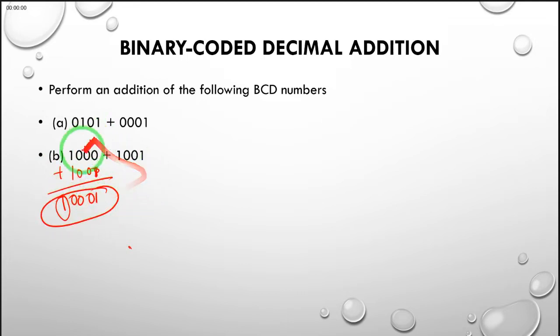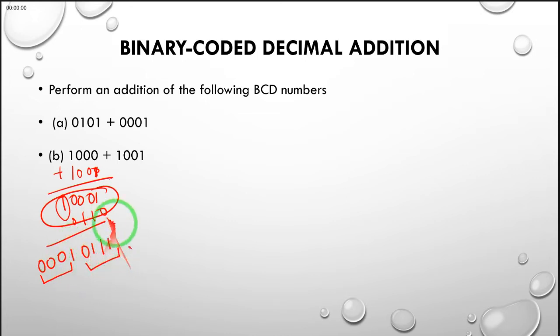So the rules say that in the event we have a carry which is producing an incorrect sum, what we do is simply add decimal number 6, represented in binary by 0 1 1 0. So when you add this to this sum, you end up with 1 1 1 0 1. And of course, we add zeros to the left to form the BCD code of 4 bits each.